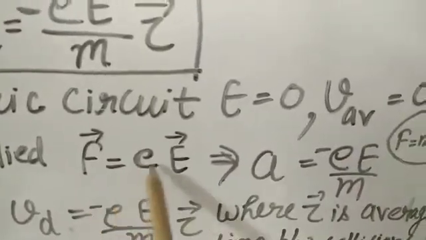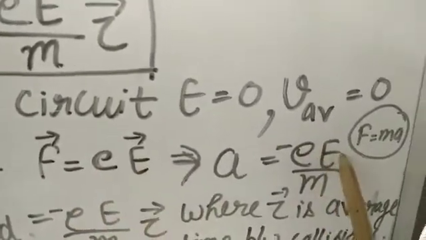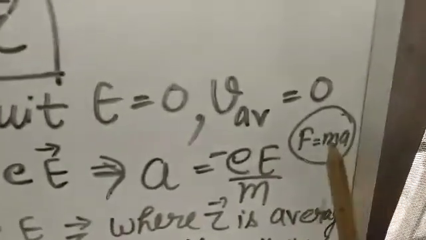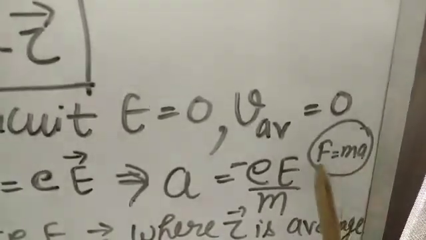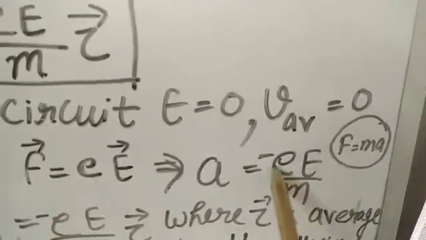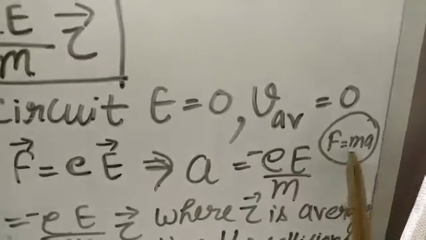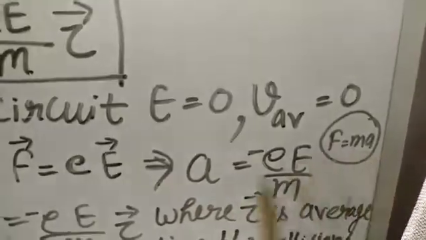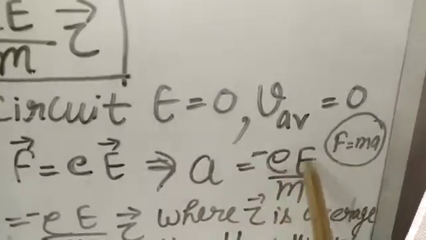And F is eE, so the acceleration value is minus eE upon m.